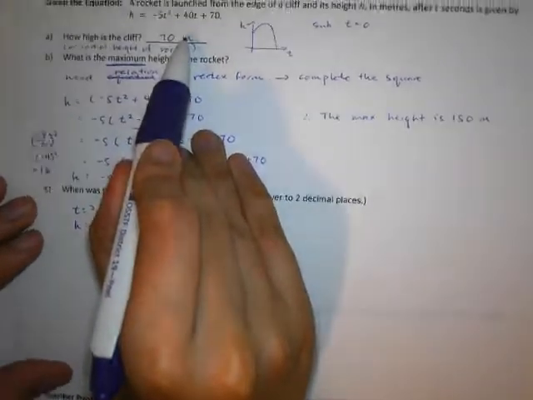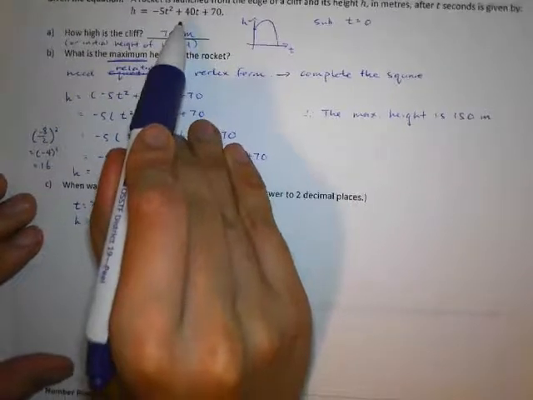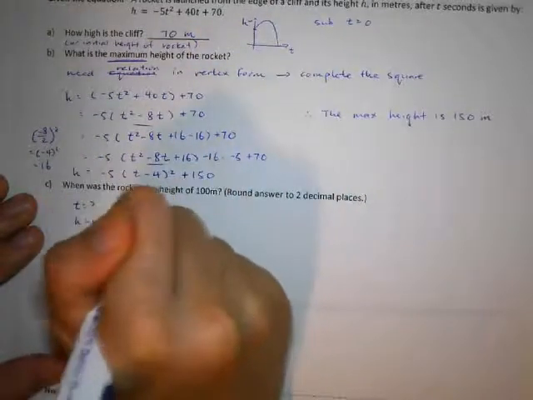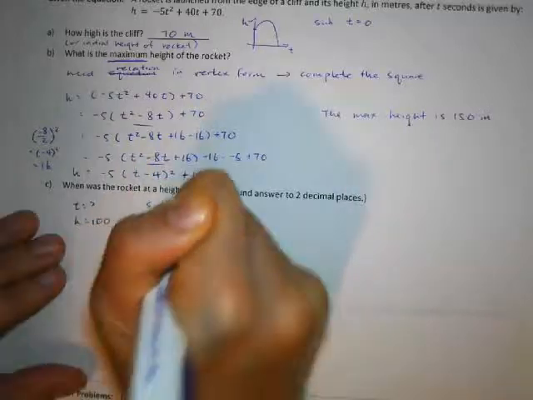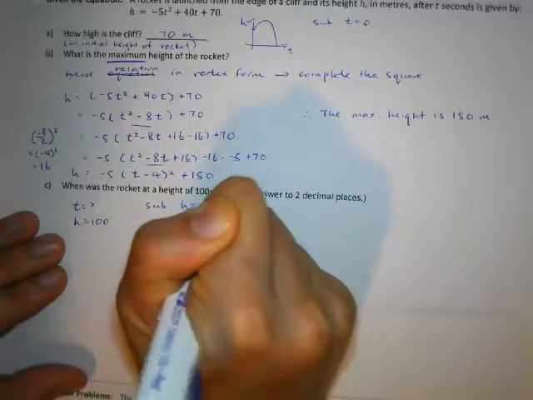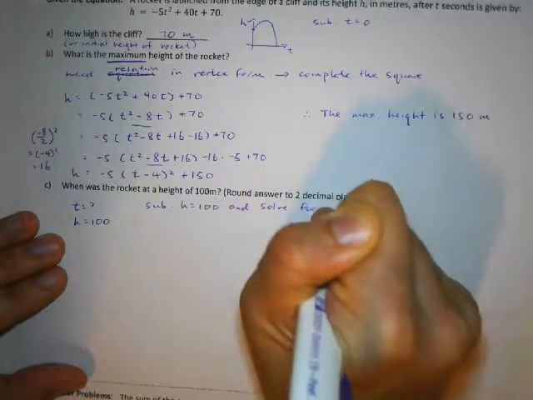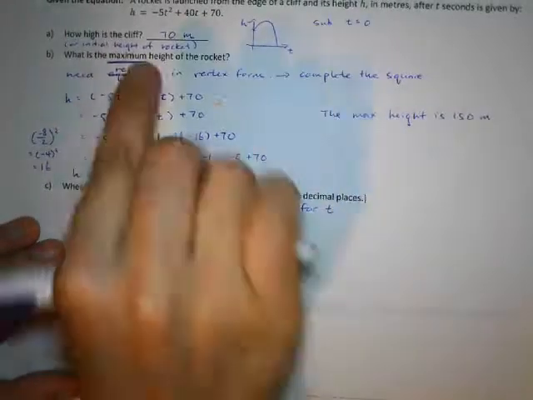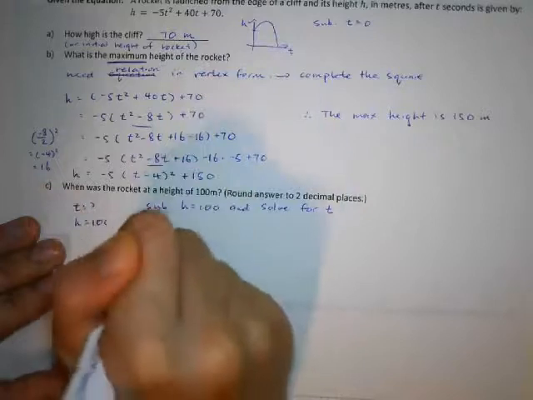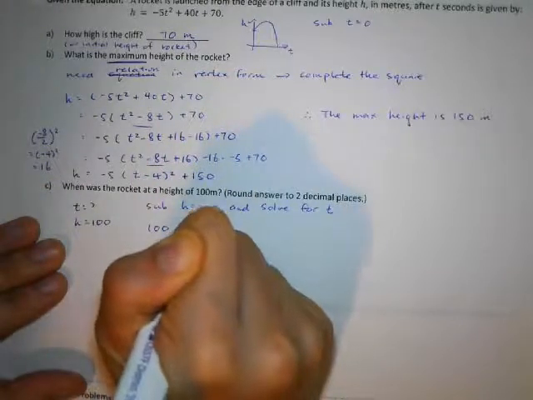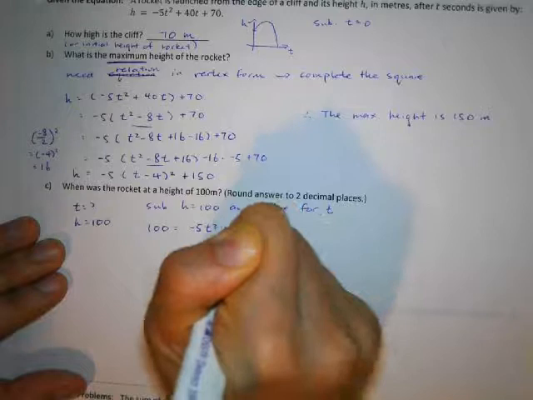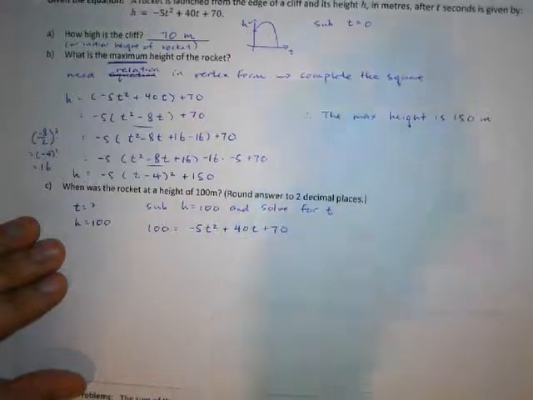So I'm going to use the equation that's given. I'm going to sub in 100 into the height, and I'm going to solve for time. Okay, so let me sub it in first. 100 equals negative 5t squared plus 40t plus 70.